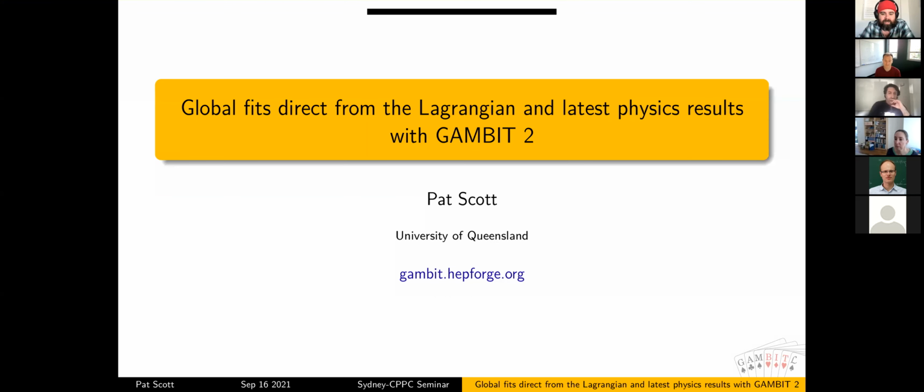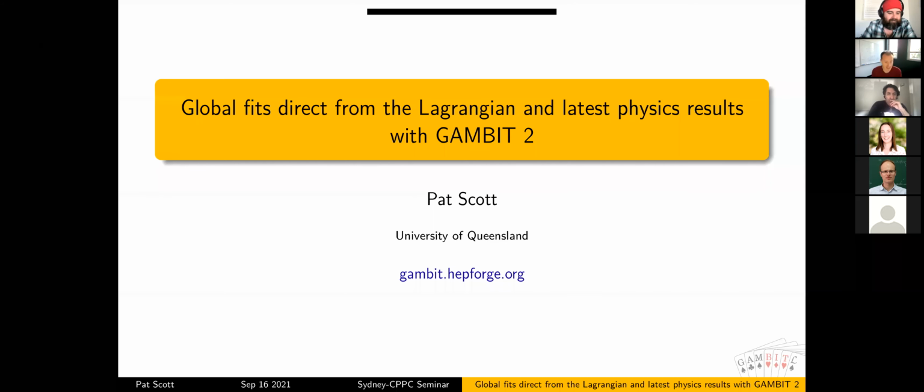One of Pat Scott's main projects is what he's going to be talking to us about today, which is this very large Bayesian inference tool called GAMBIT for doing lots of stuff in astroparticle and high energy physics. And it's really wonderful to have Pat Scott here to tell us about this. So thanks again, Pat, and take it away.